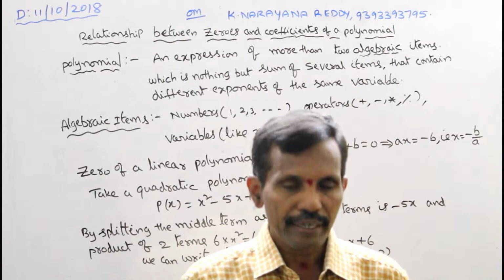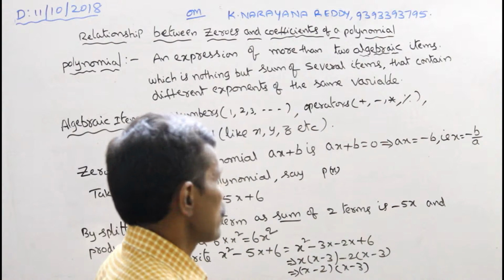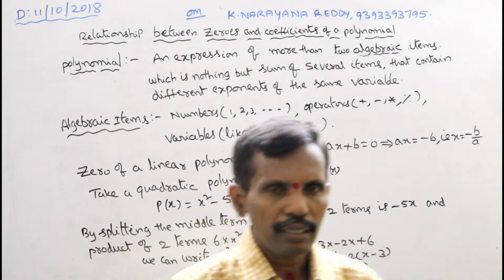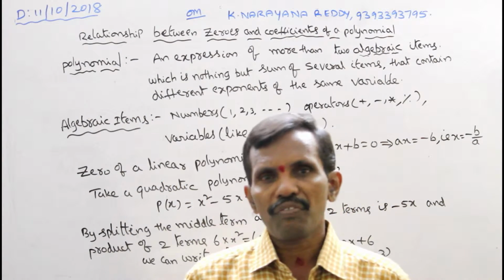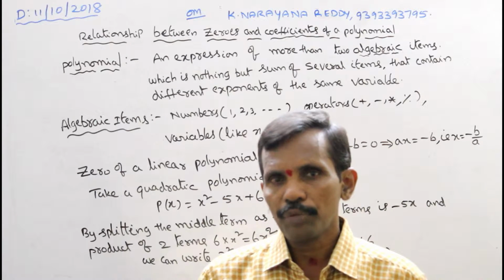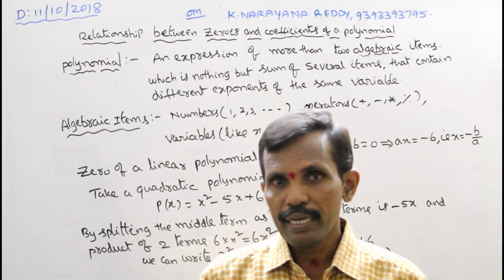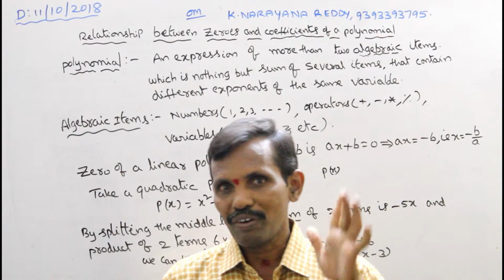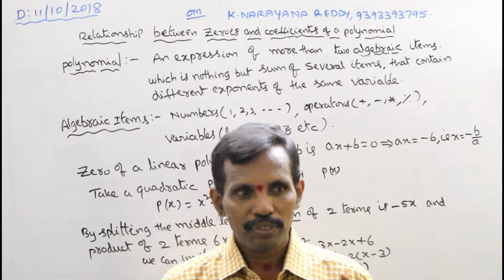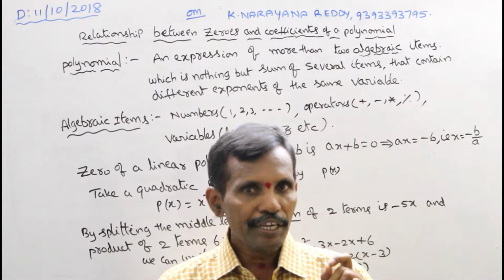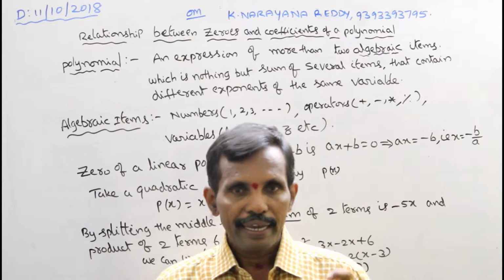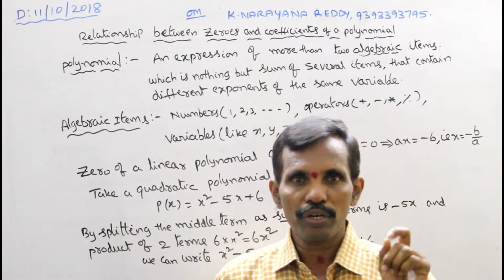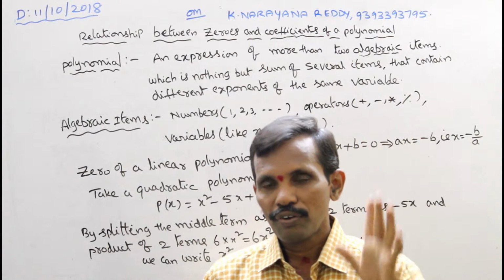What is an exponent? Suppose a to the power of x: a is the base and x is the exponent, not a power. Please observe here. In a to the power of x, a is the base and x is the exponent, not a power. Why?